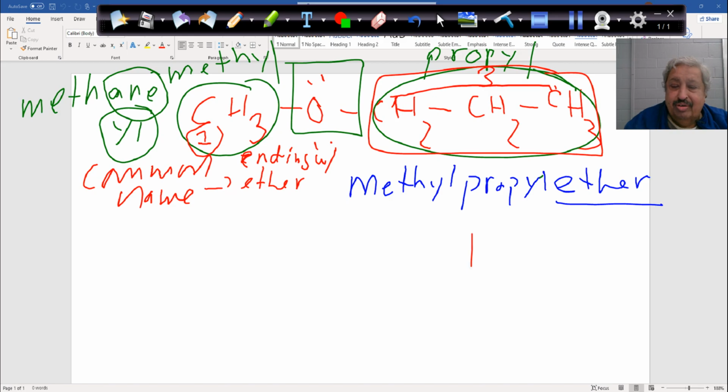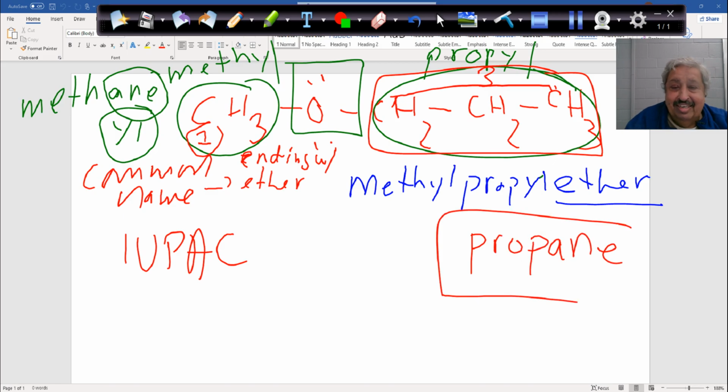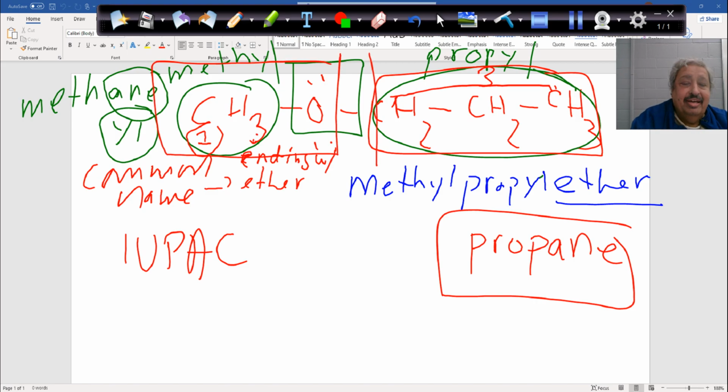This is IUPAC, International Union of Pure and Applied Chemistry. This will be propane. This is an alkane. And because this is a propane here, this will be methyl oxy. So we have what? Methyl oxy.